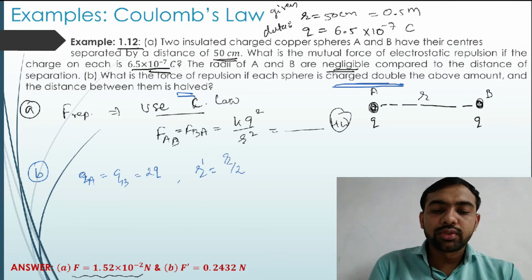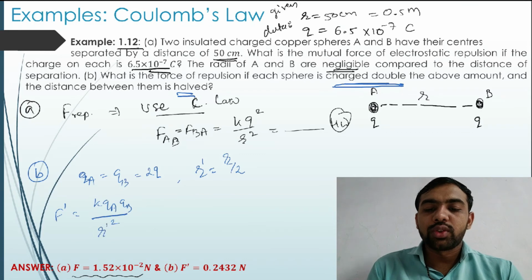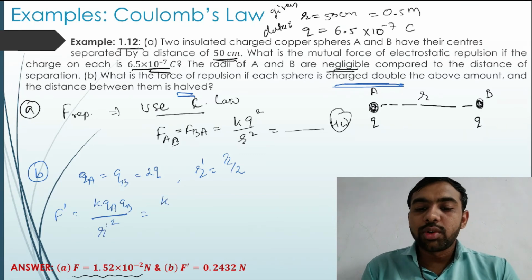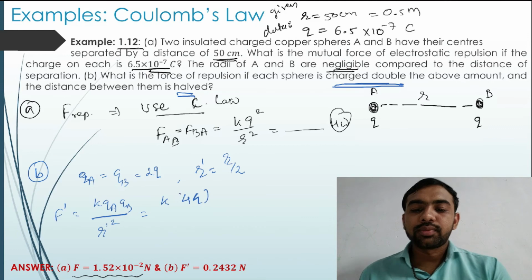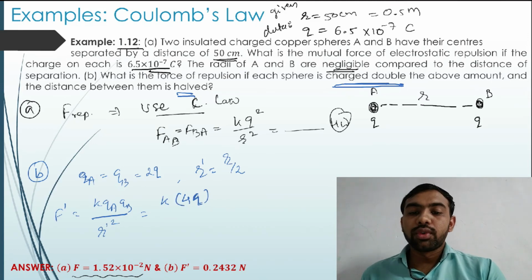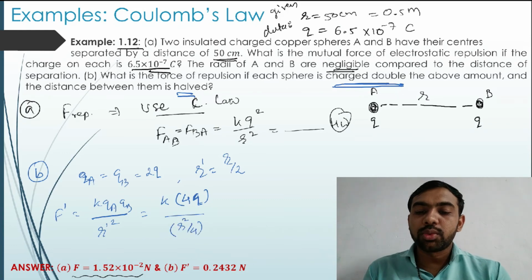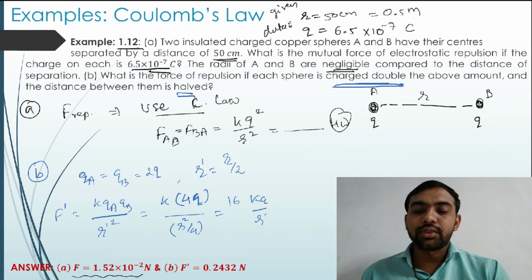So what is the new force? F dash is equal to K QA QB upon R dash square. Both charges doubled, so it becomes 4Q. What is this actually? 2Q into 2Q, 4Q upon R square by 4. This 4 comes in the numerator, so that is 16 KQ upon R square.